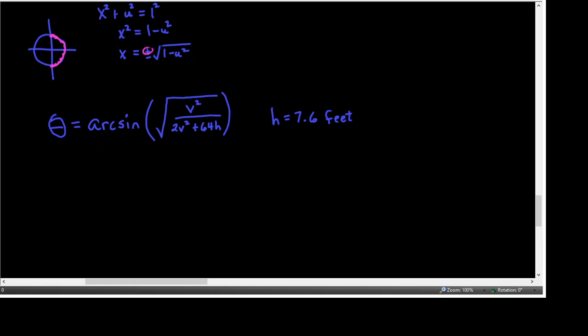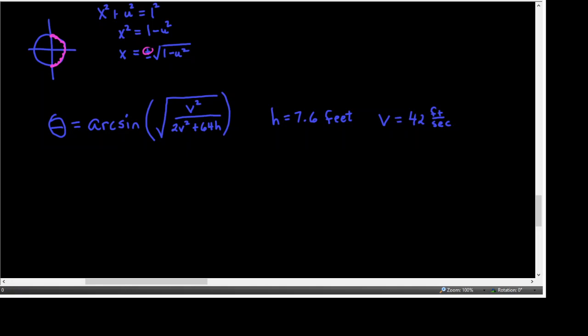That's 7.6 feet. It seems like a big number, but it's his hand extended above his head when he releases it, is my assumption. Anyway, and let's let V be 42 feet per second. At what angle should he throw the ball to maximize distance?